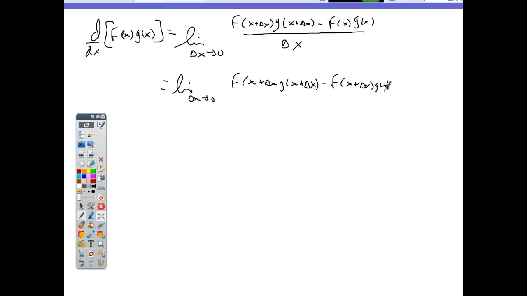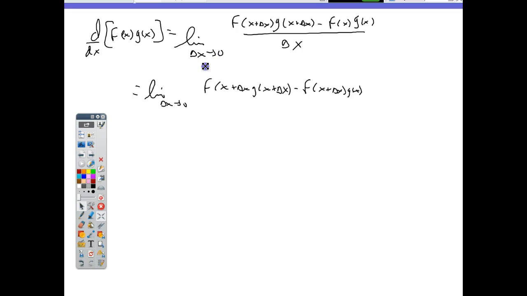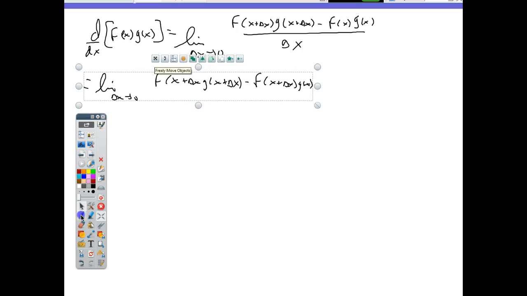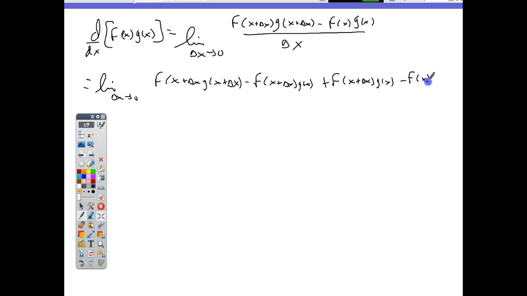If I casually do that, what must I immediately follow with? Added. The same exact thing. So plus f of x plus delta x g of x. And then I've still got f of x, g of x hanging off the back, all over delta x.